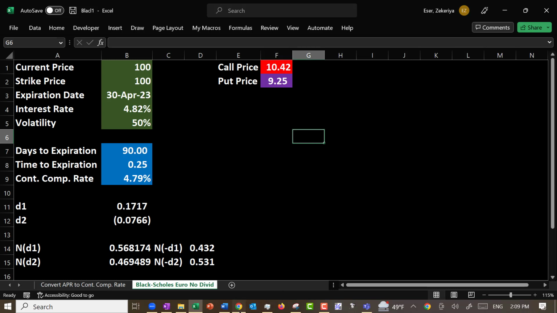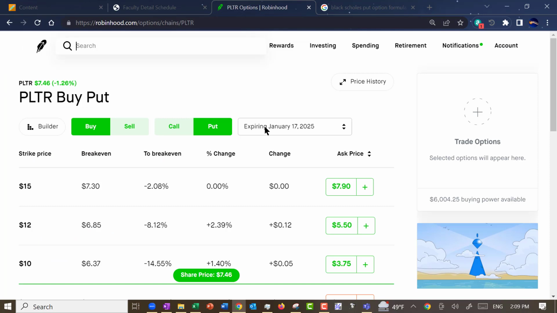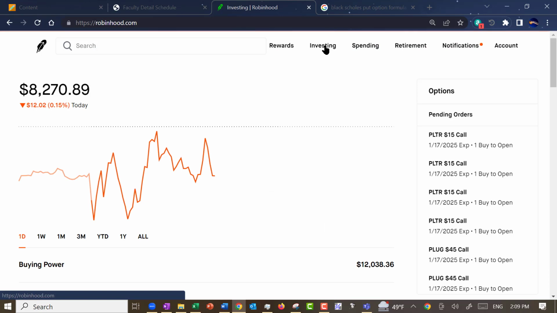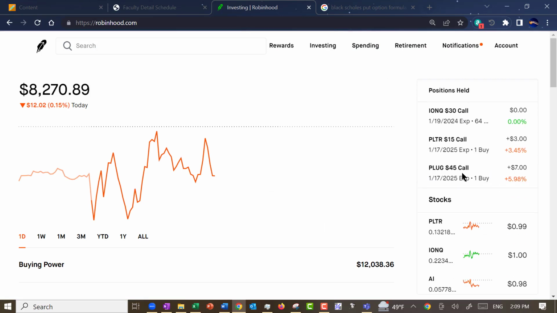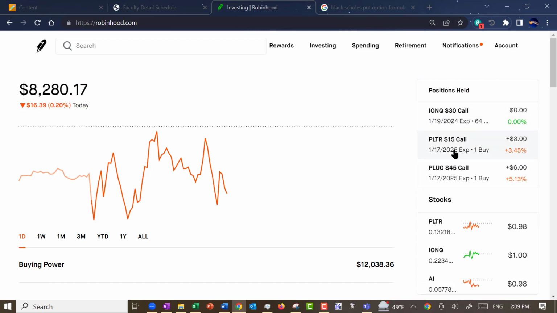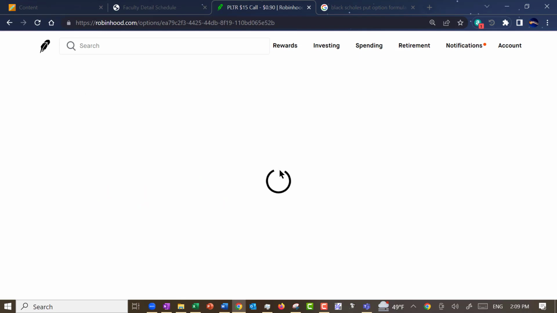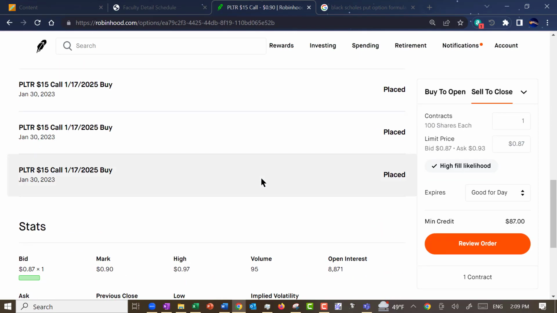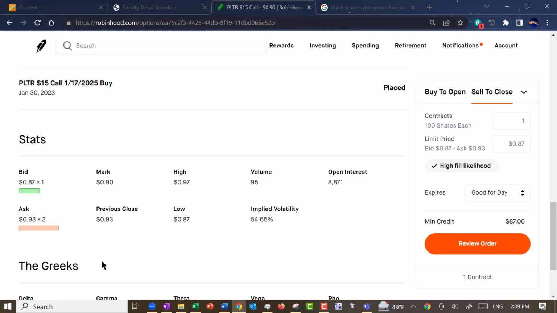So let's go to my Palantir option that I own. Right now, the bid is 87, ask is 93.